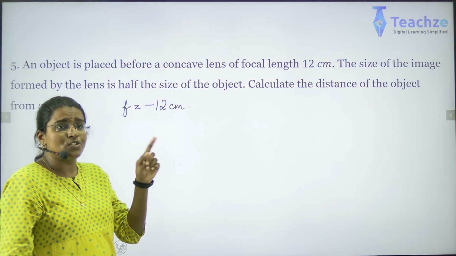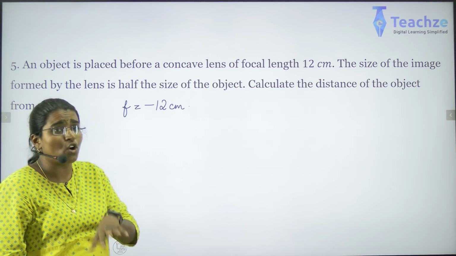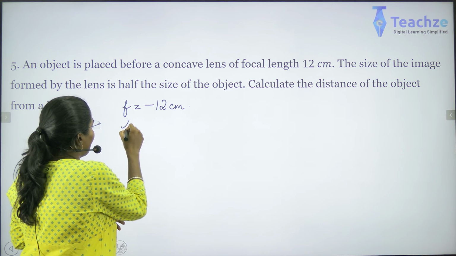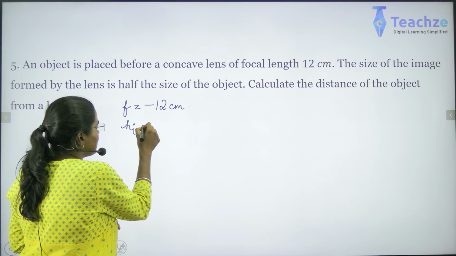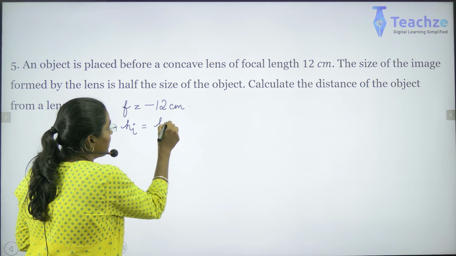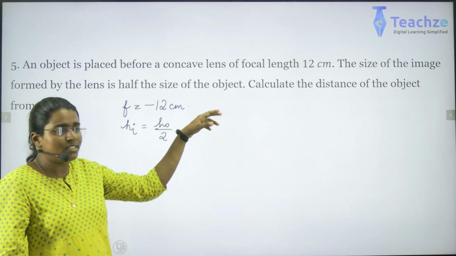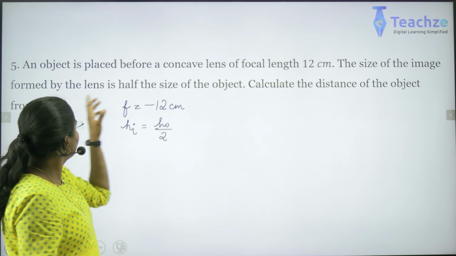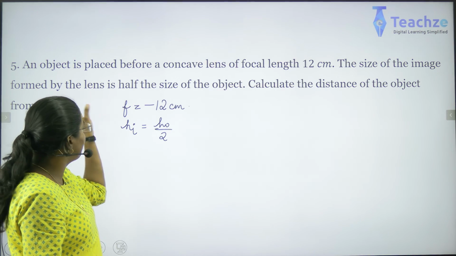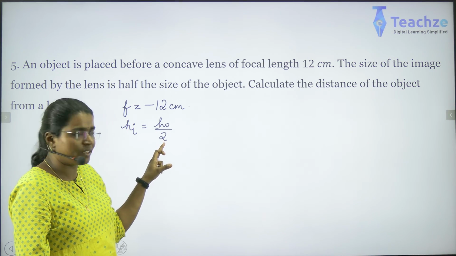And the size of the image formed by the lens is half the size of the object. Then I can say that HI is equal to half the size of the object, right?